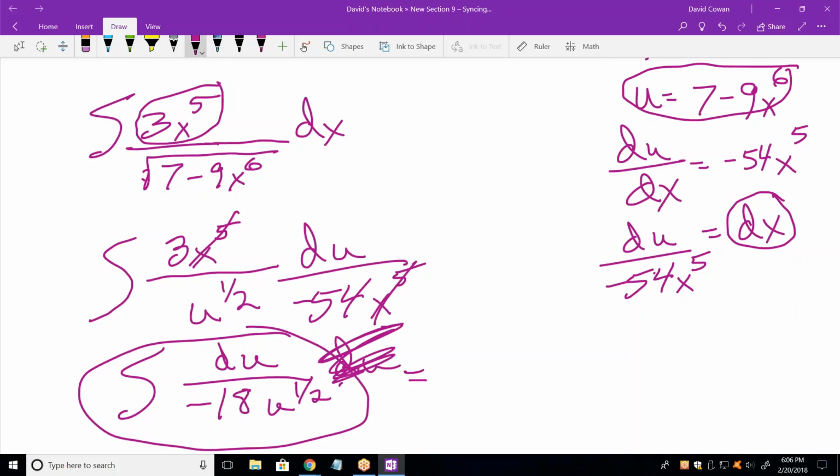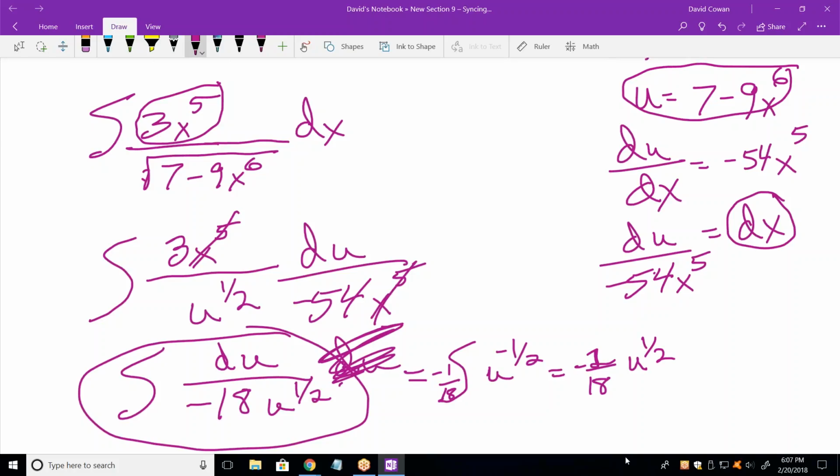Okay, so let's finish it. First, let me write it like this: minus 1/18 u to the negative 1/2. So that becomes minus 1/18. Let's see, if I add 1 and divide by the new thing, that is u to the 1/2 times 2.